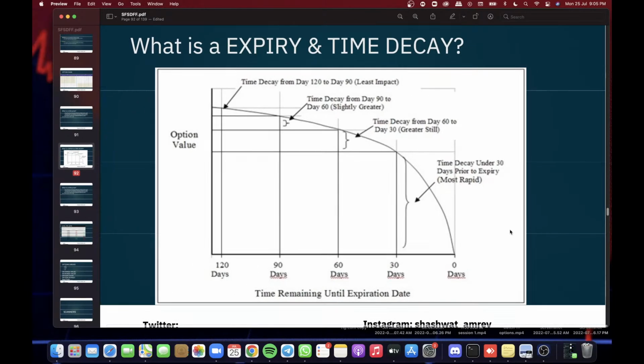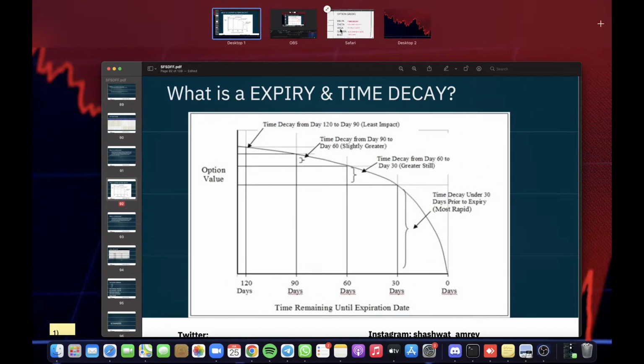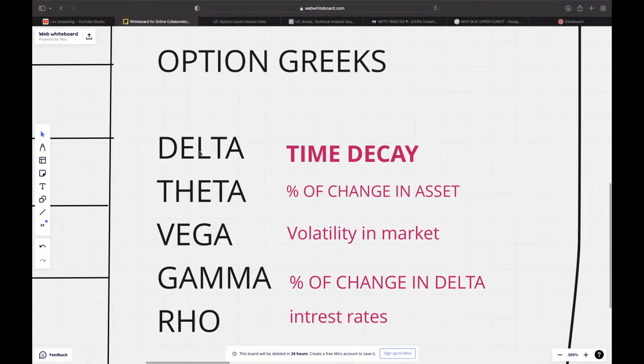Remember, everyone, please write yes if you remember. Yes, right? Okay. So, as in the last class, we remember there was something known as expiry time decay. In expiry time decay, this plays a role which is known as delta. So this time decay is delta, which is a part of the formation of the premium.